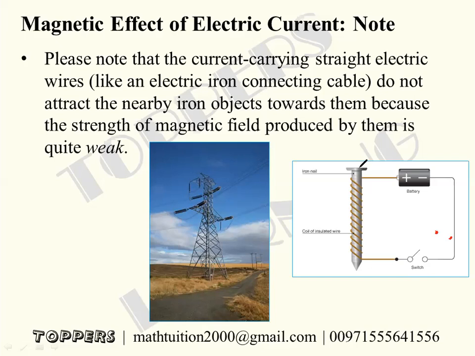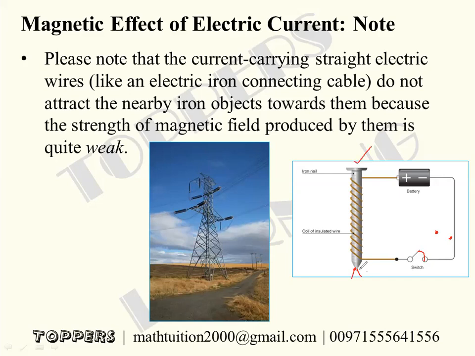See this iron nail is wound by the insulated copper wire and connected to the battery. And when we switch on, this iron nail becomes a powerful magnet. That is why it is attracting small paper clips or iron nails.